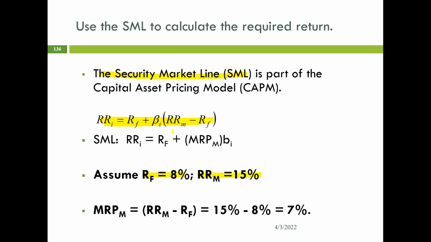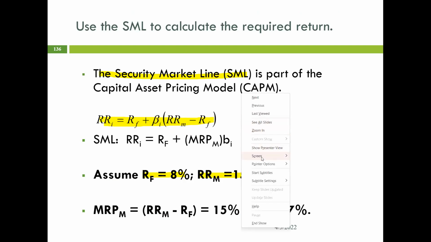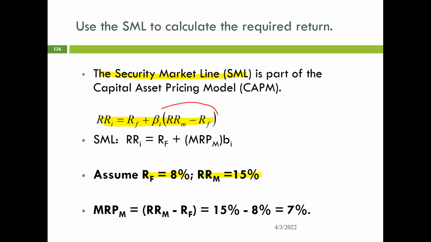Actually, I forgot to tell that in this CAPM model, market return minus risk-free rate, we call the market risk premium. That is the price of beta risk in the market.